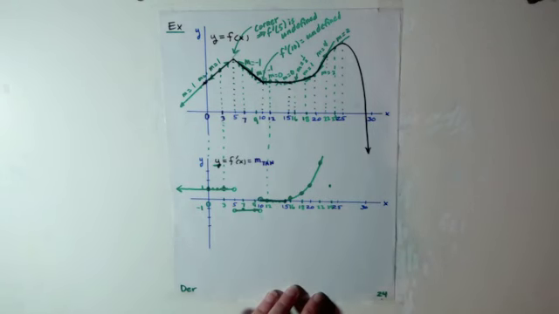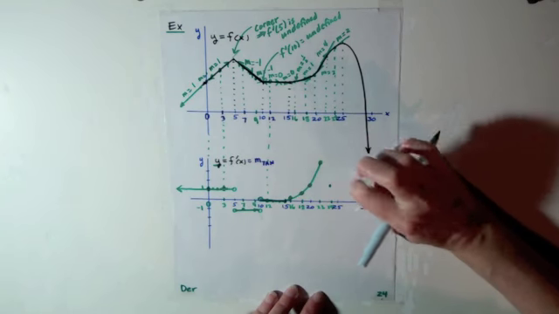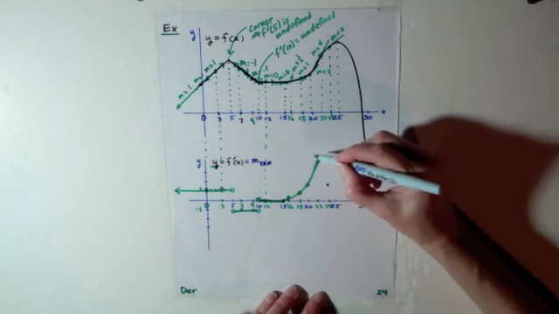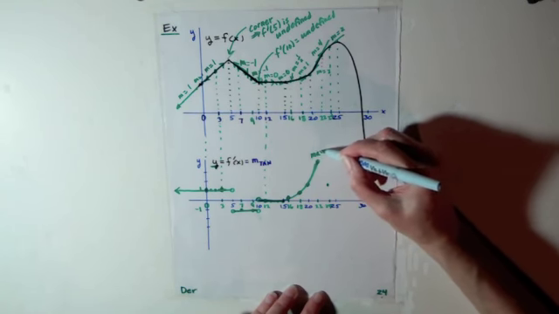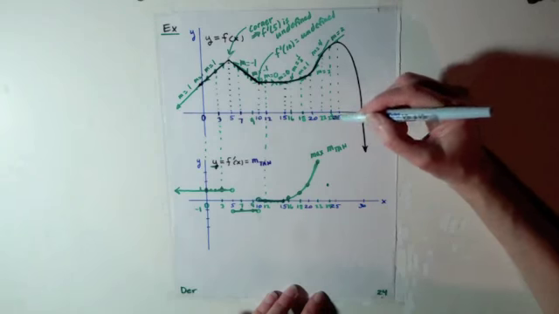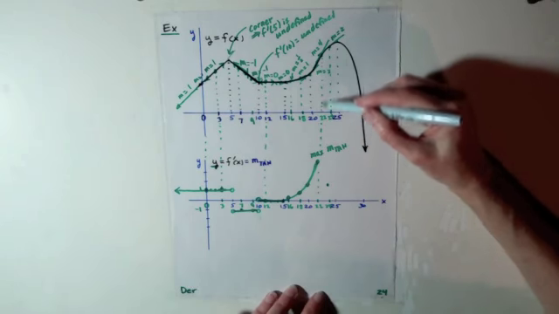So what I drew right here is maybe not quite correct. This looks like it is at the maximum. Here's the maximum slope of the tangent line on this graph. Looks like it occurs at about x equal 22.